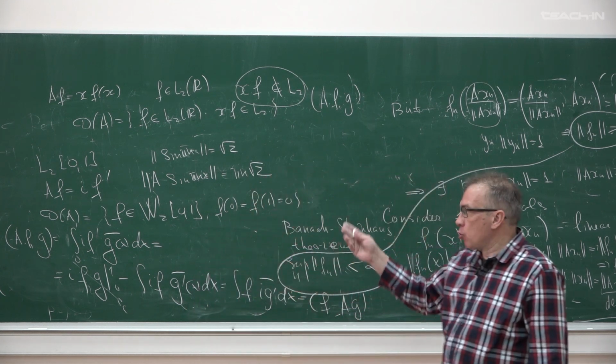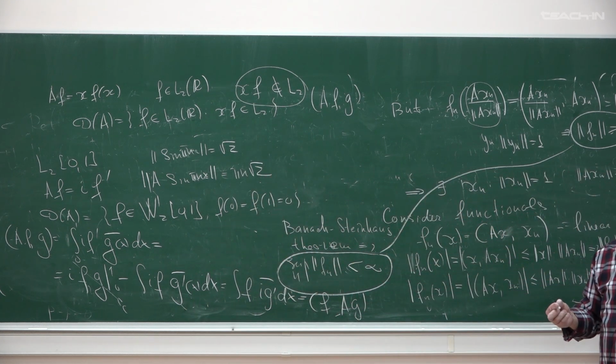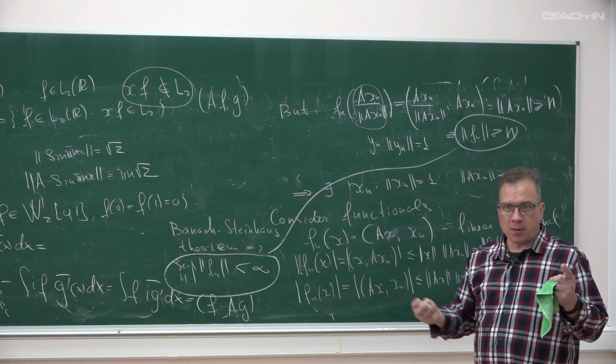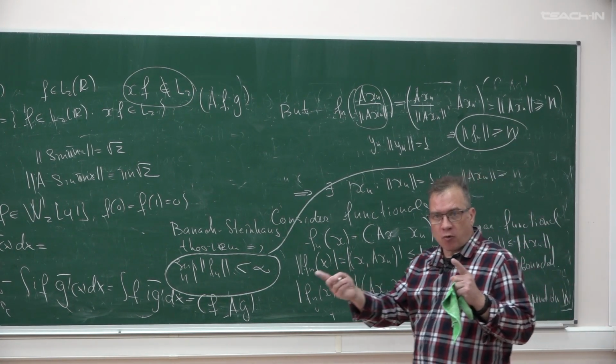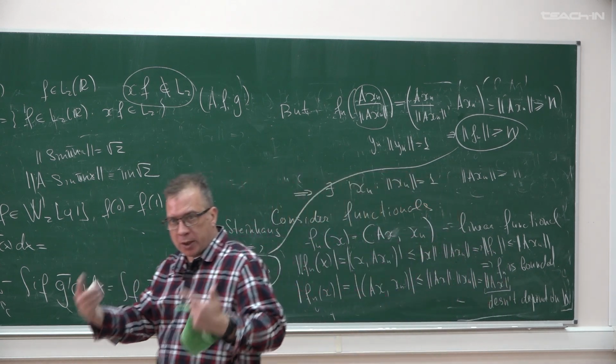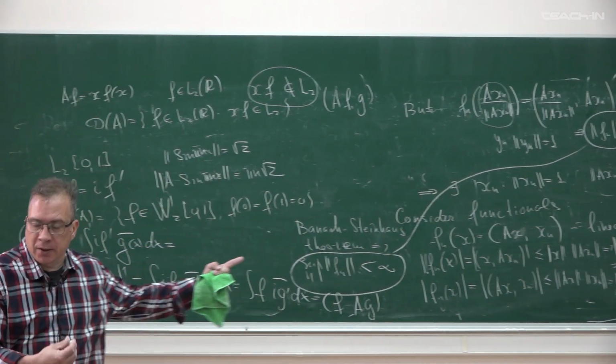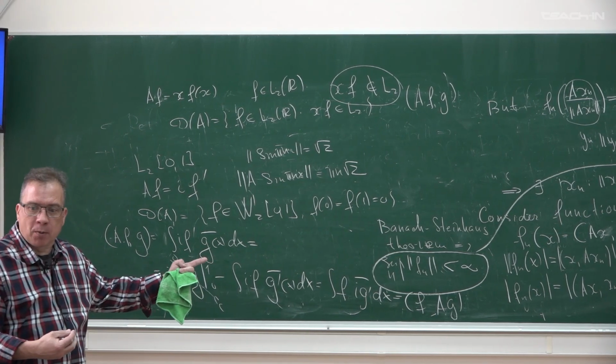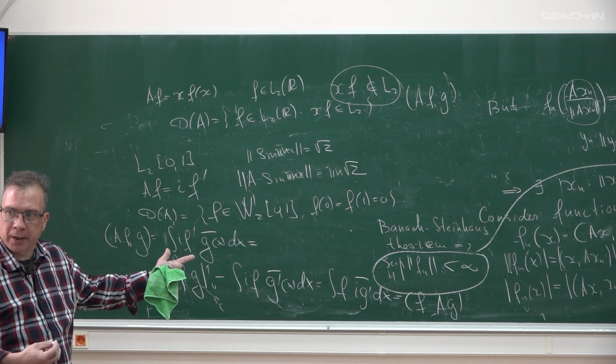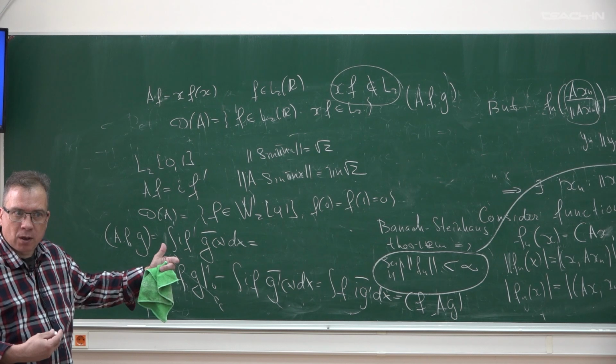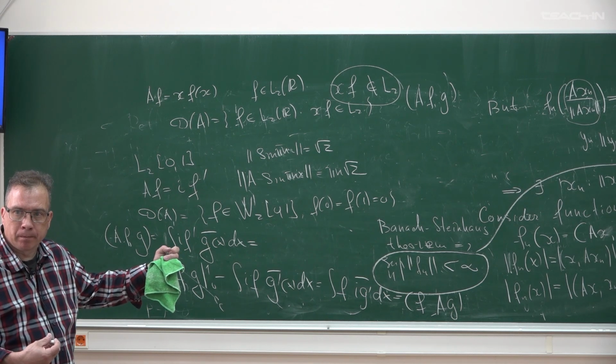Okay. So I gave you two applications of the Banach-Steinhaus theorem: the equivalence of boundedness of a set and weak boundedness of a set, and the Hellinger-Toeplitz theorem, which is important for quantum mechanics and shows us that unbounded operators must have domains.